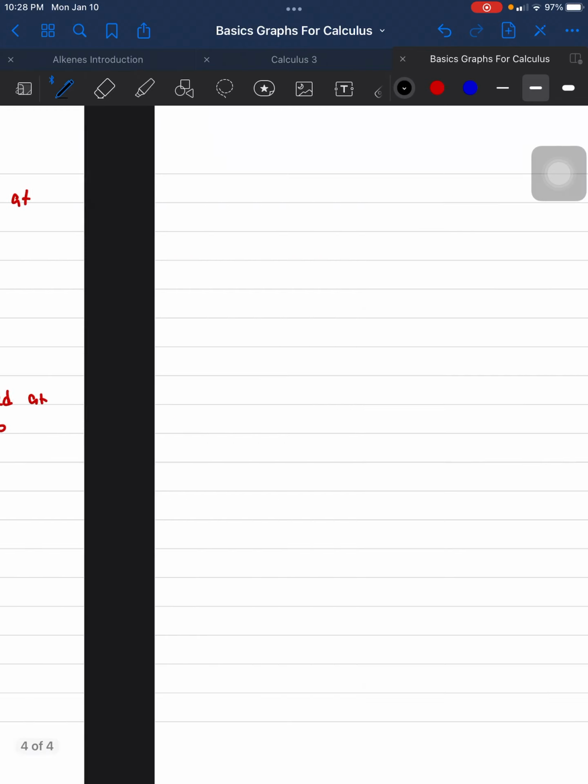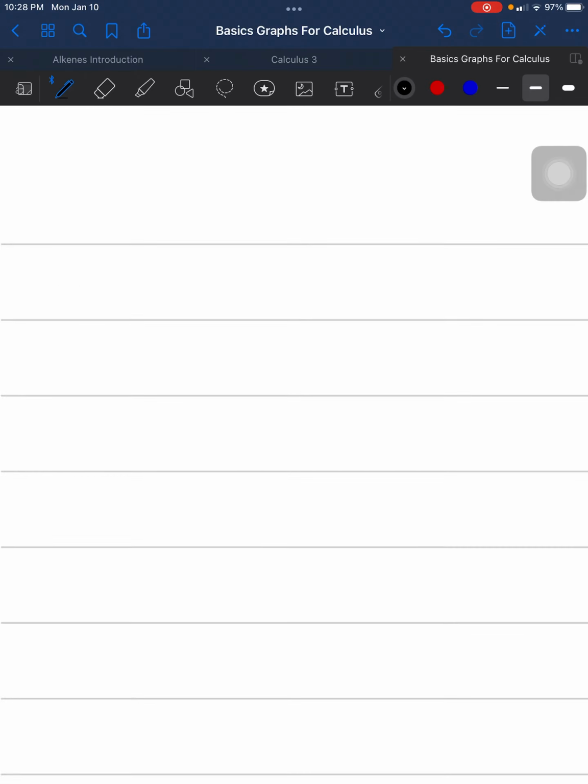In the eighth, now I'm going to start going into the actual logarithm graphs. And you're going to see these a lot.